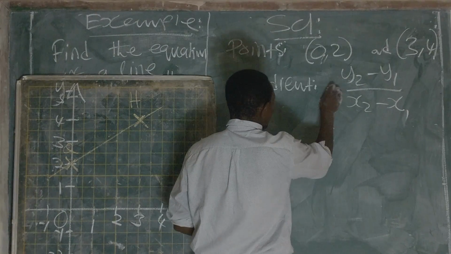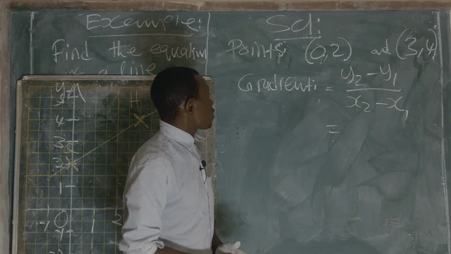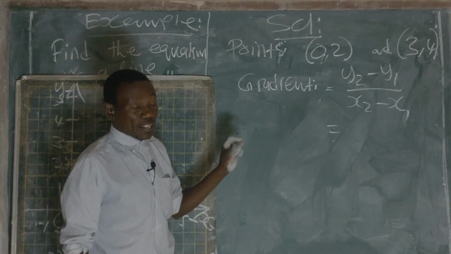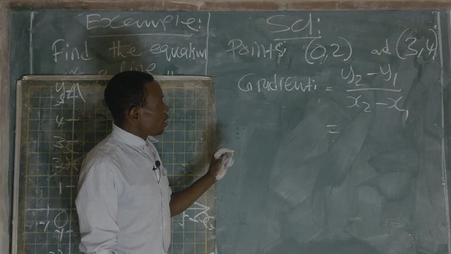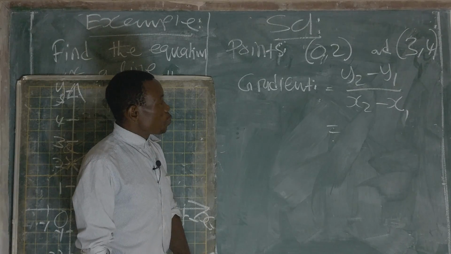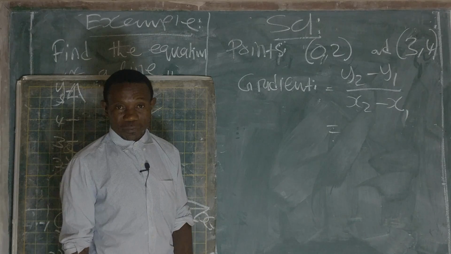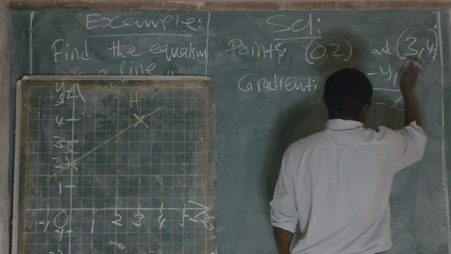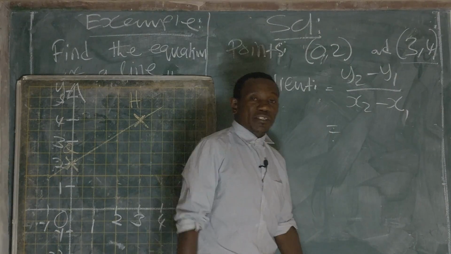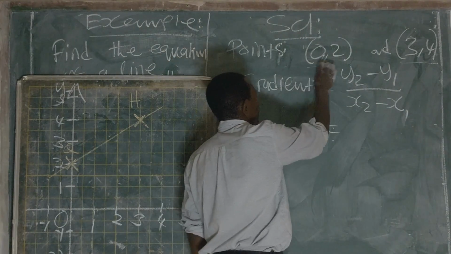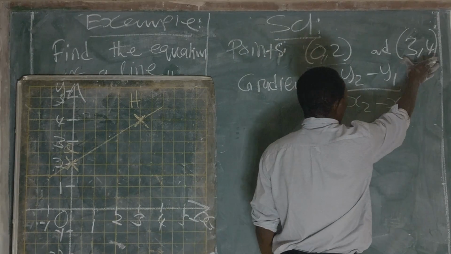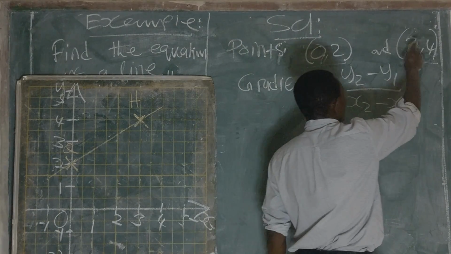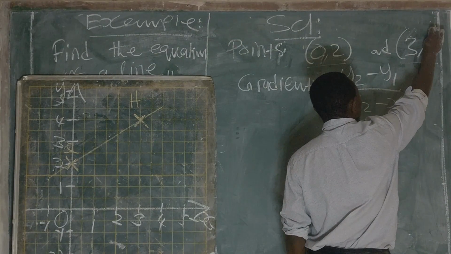In this case, from what I indicated earlier, there are 2 points here. Each point has 2 coordinates, x and y. You're going to define which one should be 1 and which one should be 2. That goes by your choice. If you choose this point as the second one and this one as the first, then the coordinates here are defined by 2's: this is your x2, this is your y2.